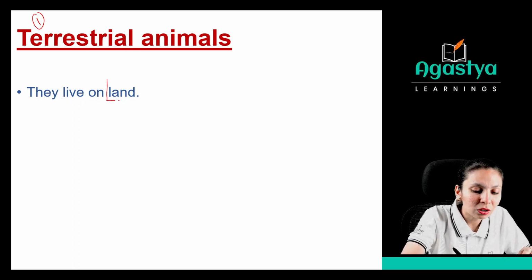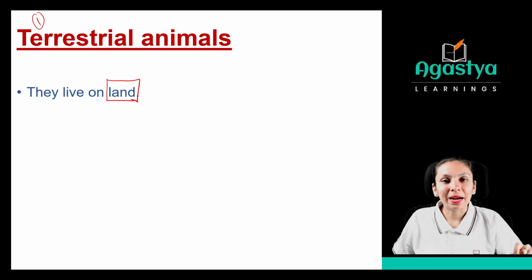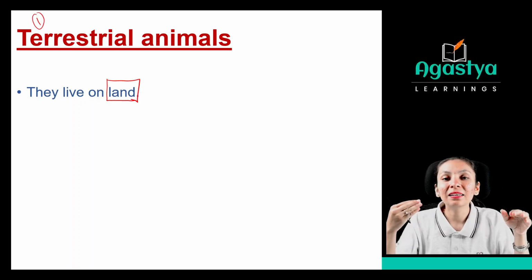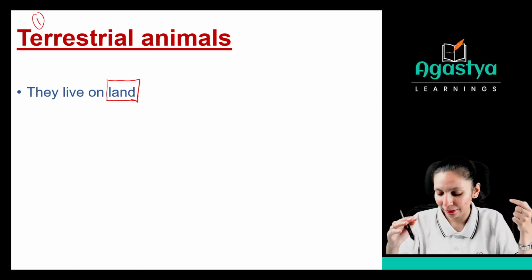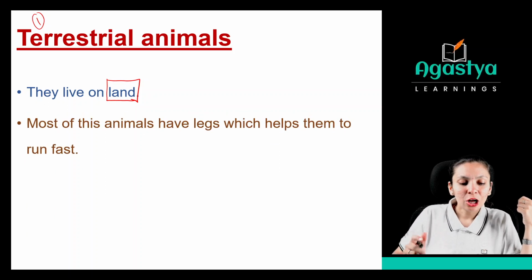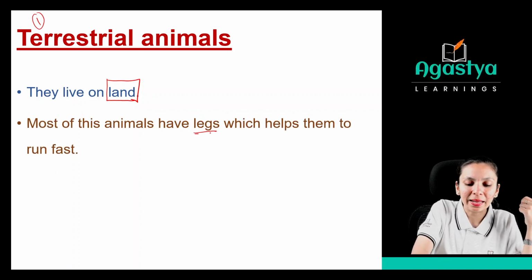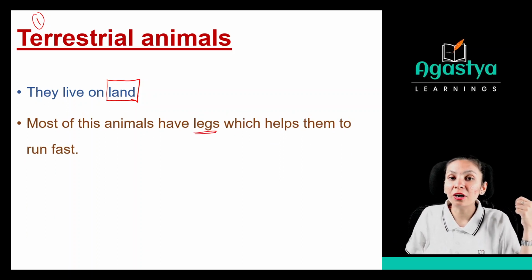So whenever you hear about terrestrial, you have to keep this in mind, that terrestrial means the animals which are living on land. As we have discussed in the plant session too, the terrestrial plants are living on land. Then most of these animals have legs which help them to run fast.